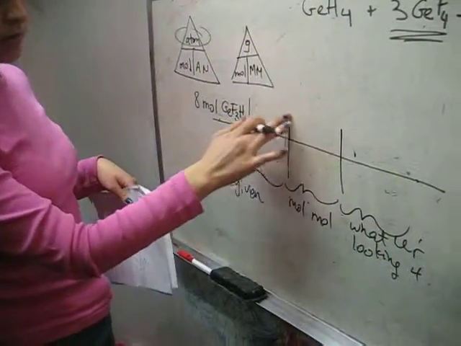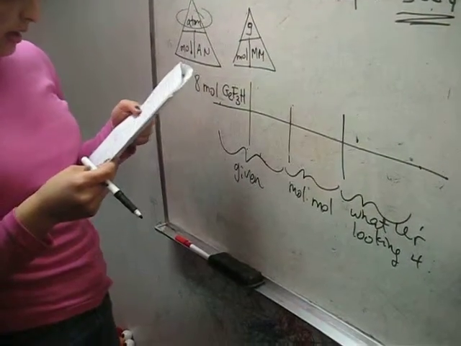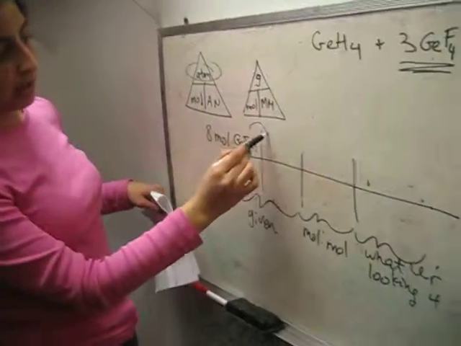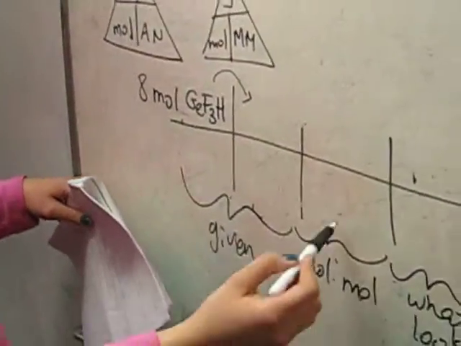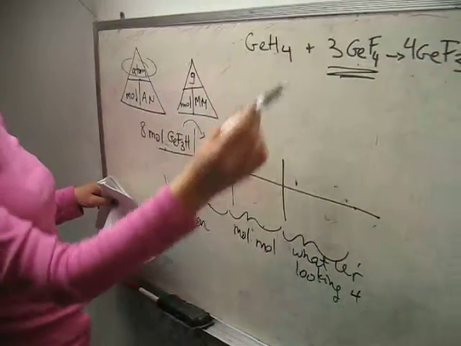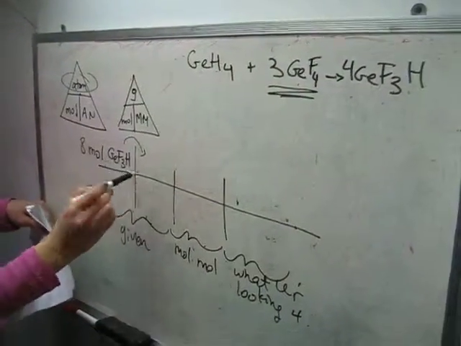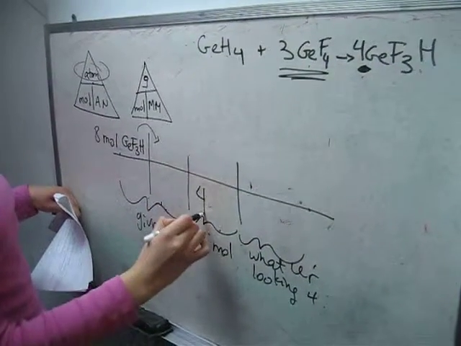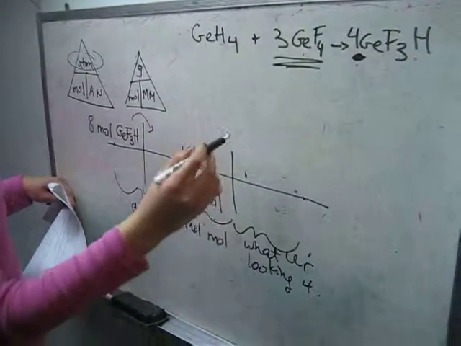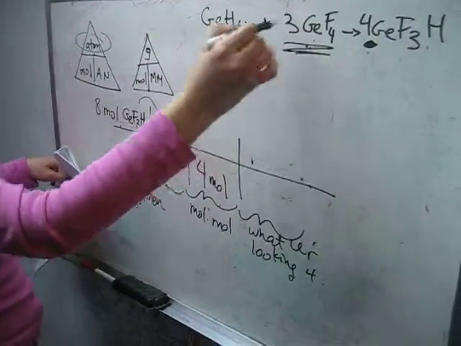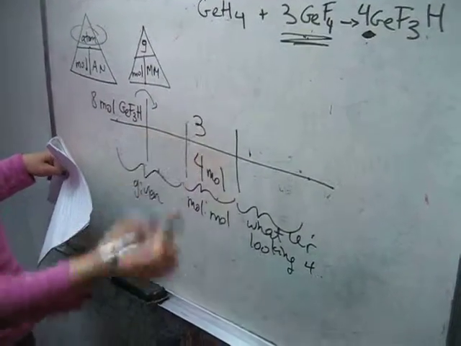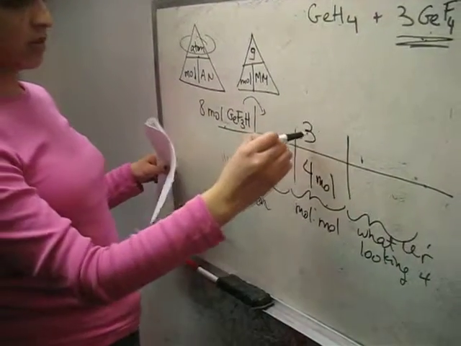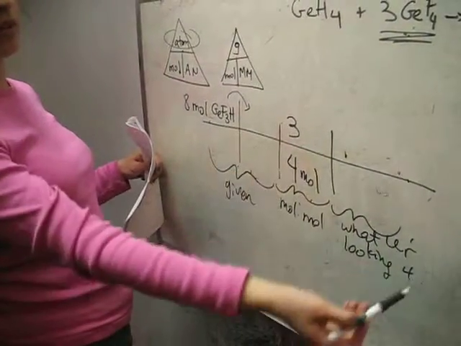We're at the second part. And what we have to do, so we're given this, and then mole to mole ratio, for this you look at a balanced equation. So GeF3H, we have 4. And what are we looking for? GeF4, 3. And that's it. 8 times 3 divided by 4 gives you the answer.